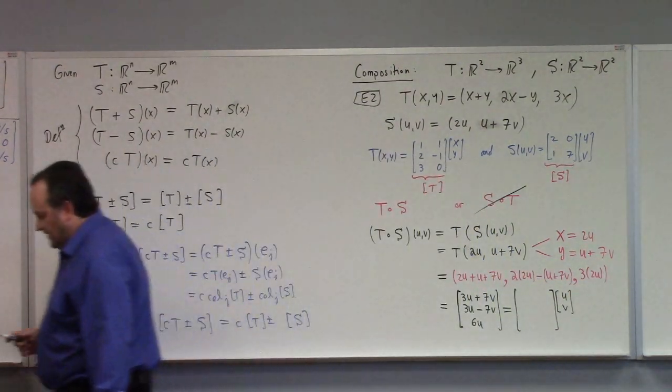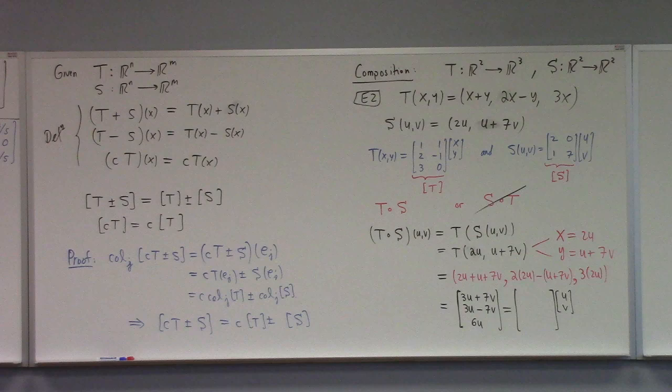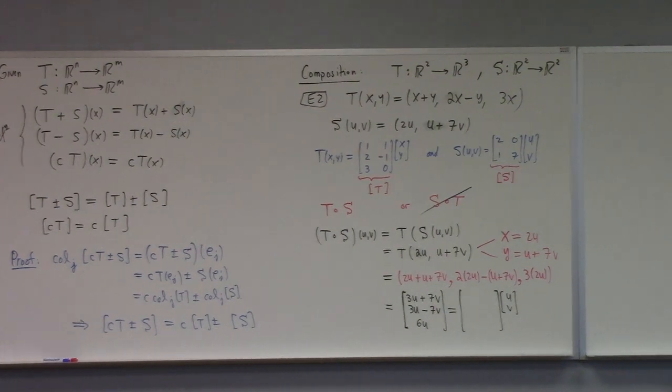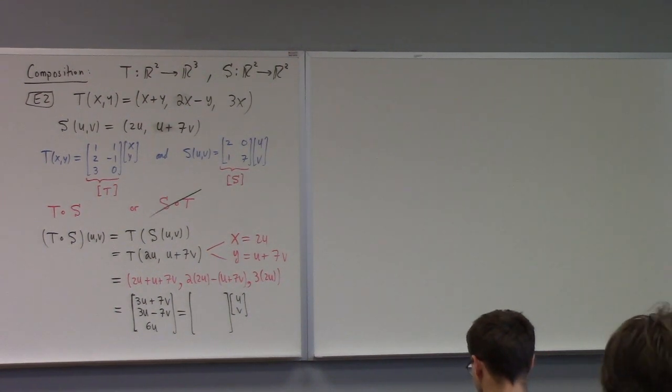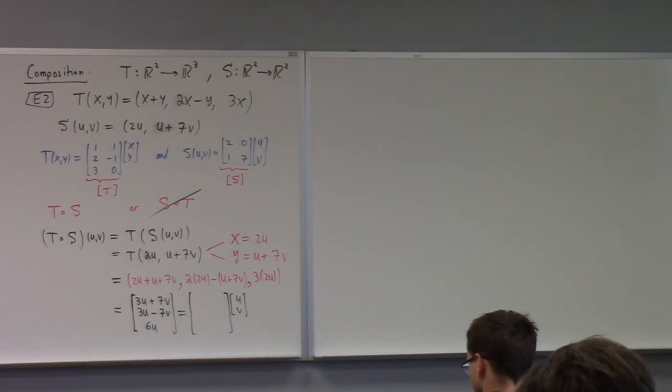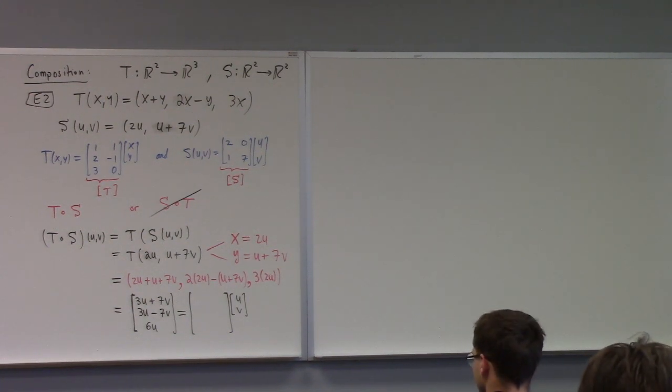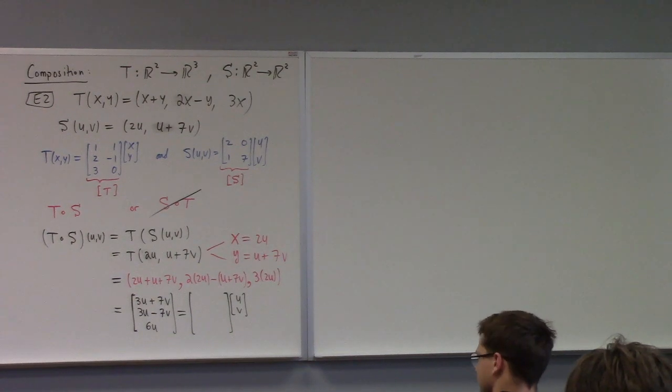So what's the standard matrix of the composite here? Can you guys fill in the matrix for me? What is it? 3, 7; 3, minus 7; and then 6, 0. Did everybody agree?